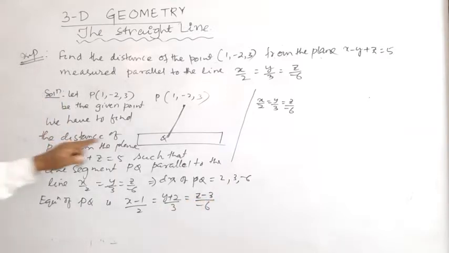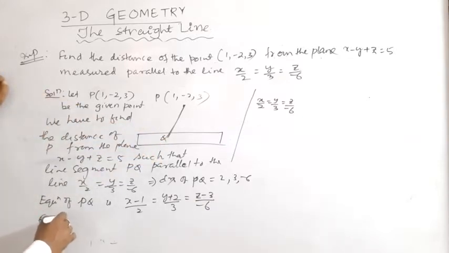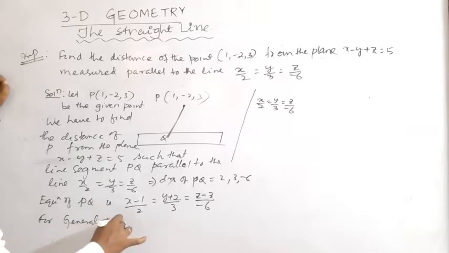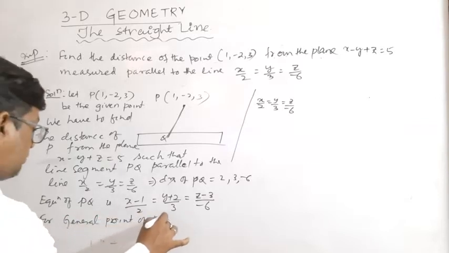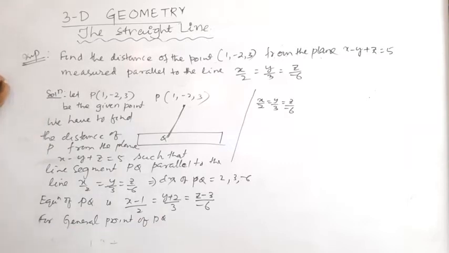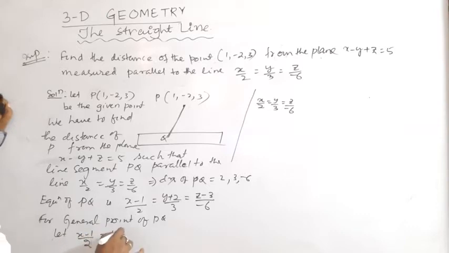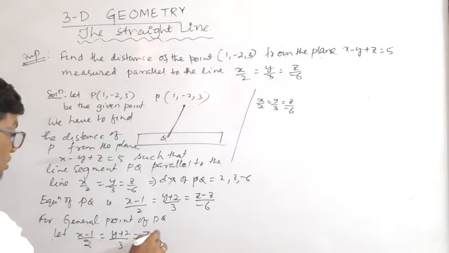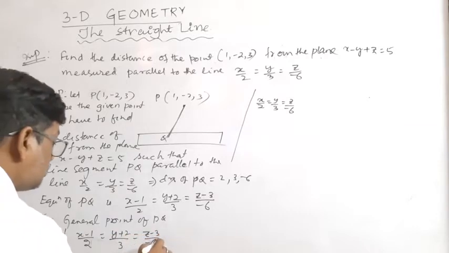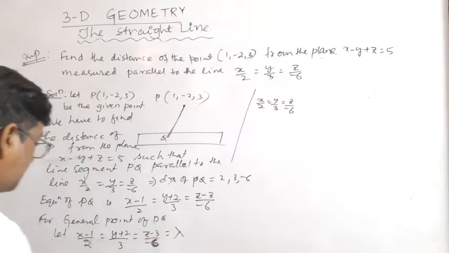So, for a general point of PQ, let x minus 1 by 2 is equal to y plus 2 by 3 is equal to z minus 3 by minus 6 is equal to, suppose, lambda.